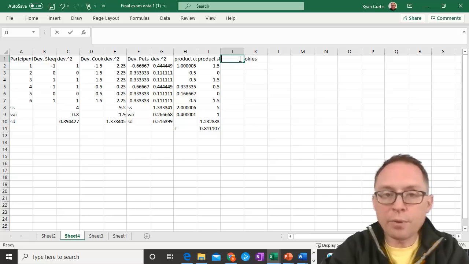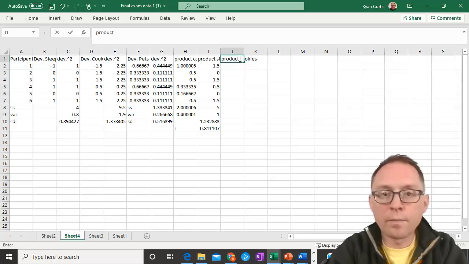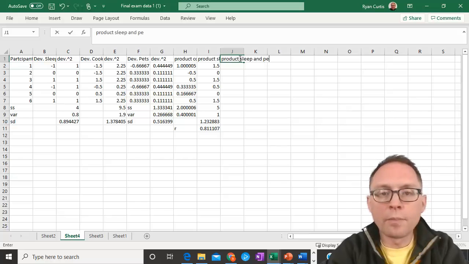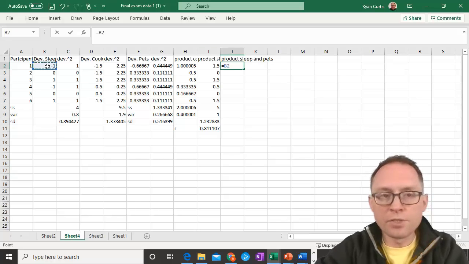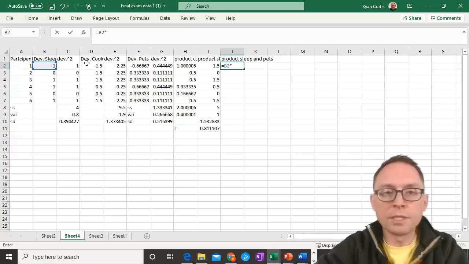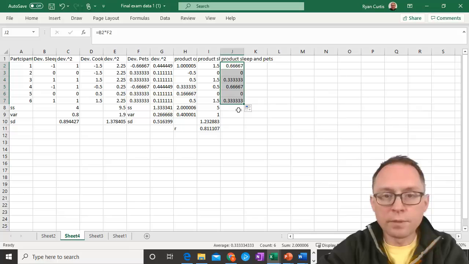So to do that, we need to get the products of the deviations of sleep and pets. So that is going to be the deviation for sleep times the deviations for pets, right there. And we're going to get that for all 6 of them.